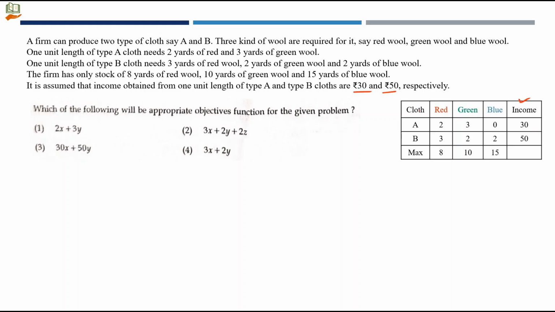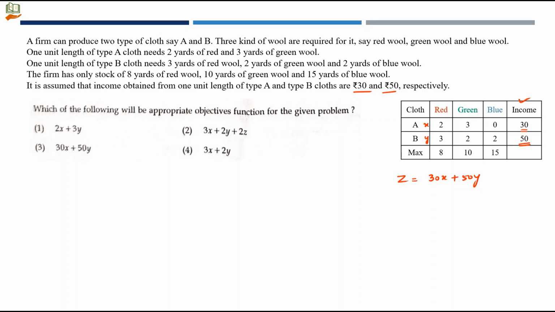So let's take cloth A's denotation as X and cloth B's denotation as Y. Now the objective function can be written as Z is equal to, the income value should be considered here. So it is 30 into X plus this one 50 into Y. Now we have to think whether this is a minimization problem or maximization problem.